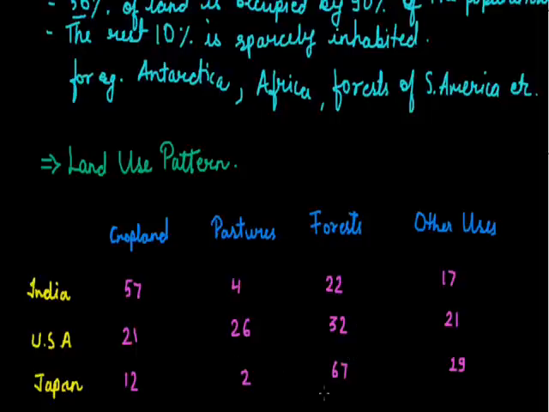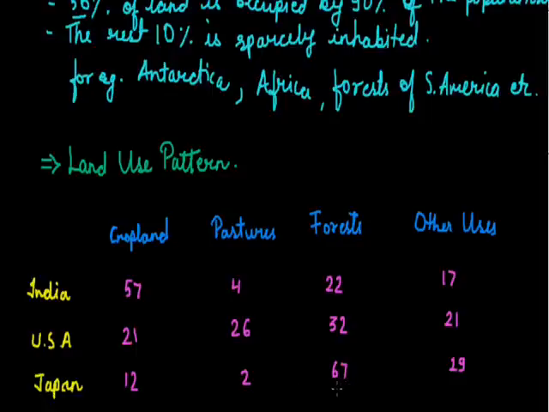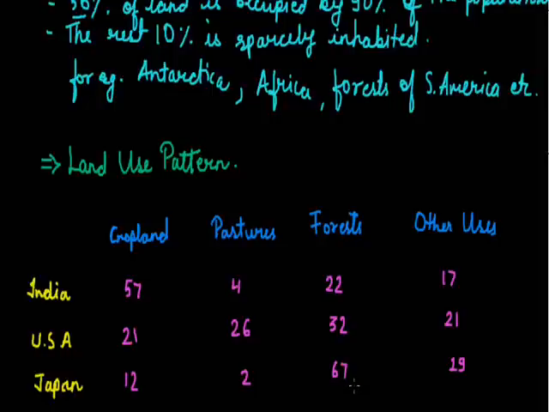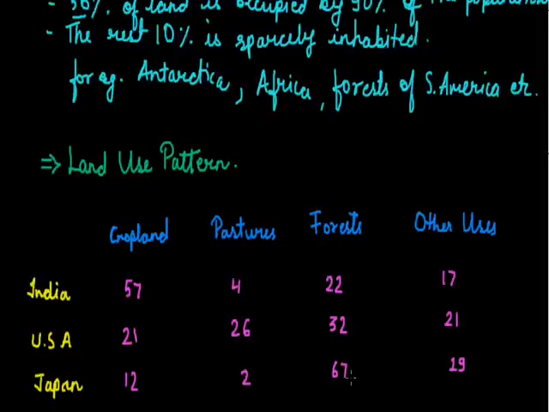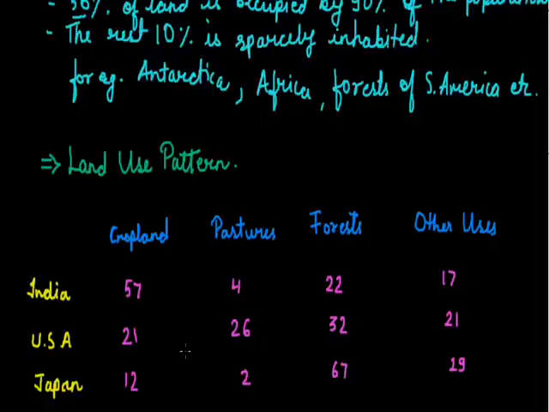If we talk about Japan, we all know that the land area in Japan is very small, but still they have evolved the technology to encourage the spread of plantation and forest area in these regions. America already has a very wide land area, and the population there is very small, so the division here is almost even.